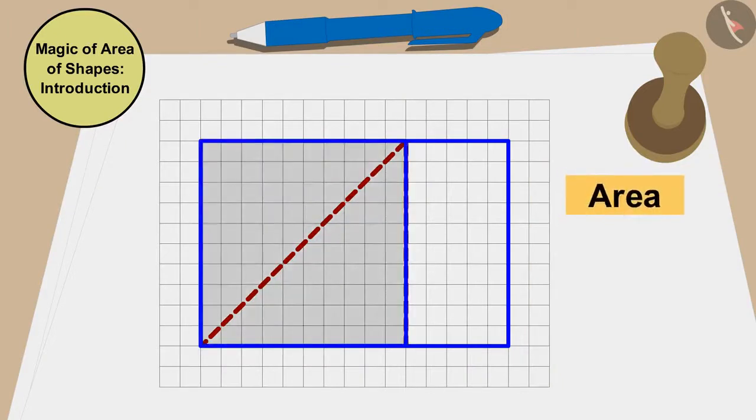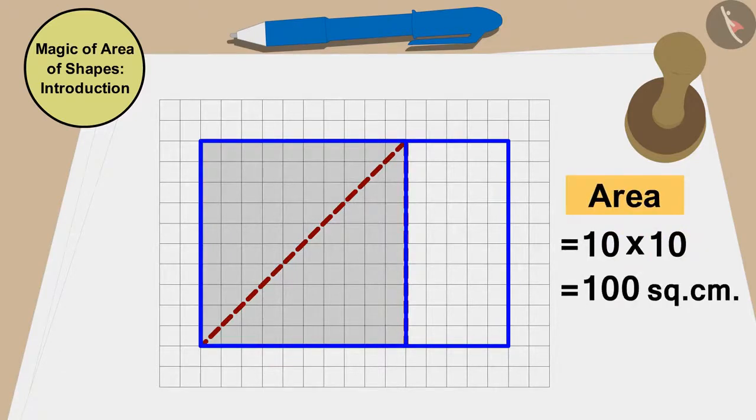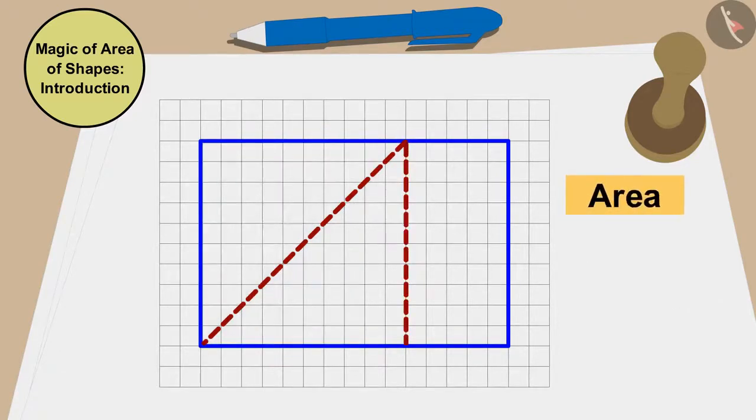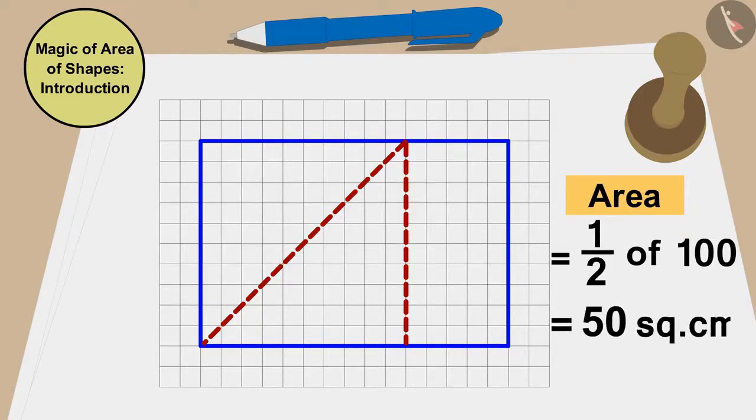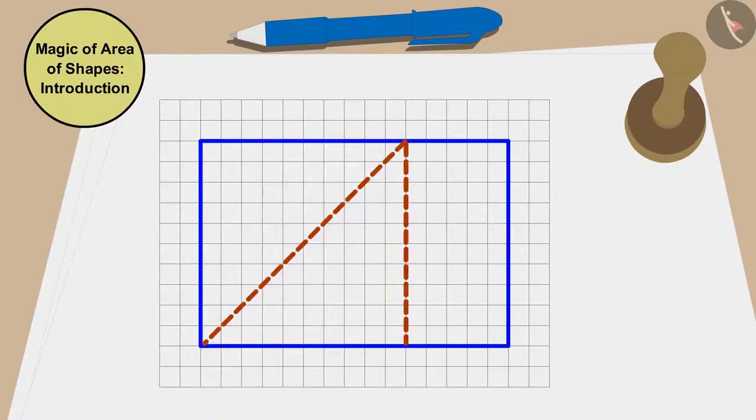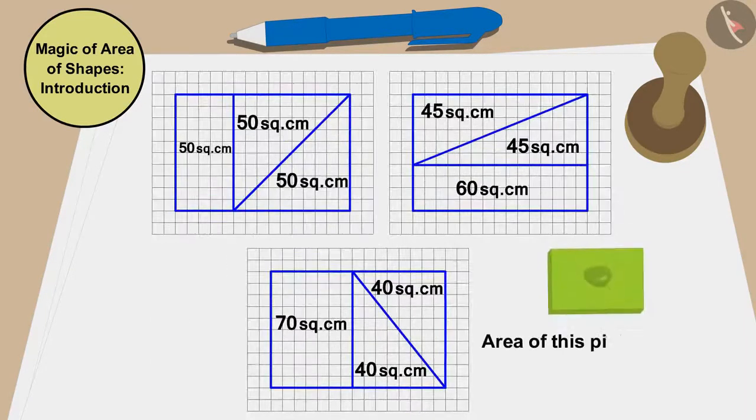The area of this square is 10 times 10, 100 square centimeters. Therefore, the area of these 2 triangles is exactly the same as half or 50 square centimeters of this square. We can make these 2 lines in more ways.